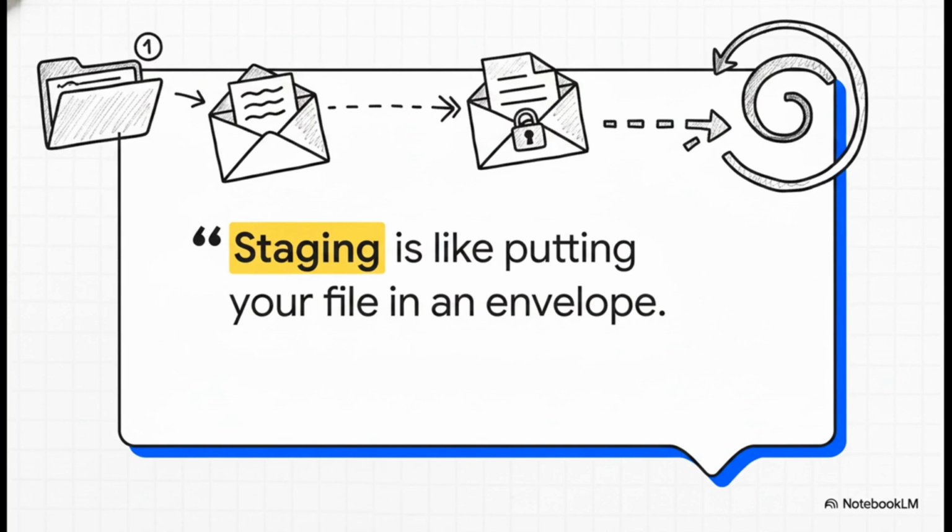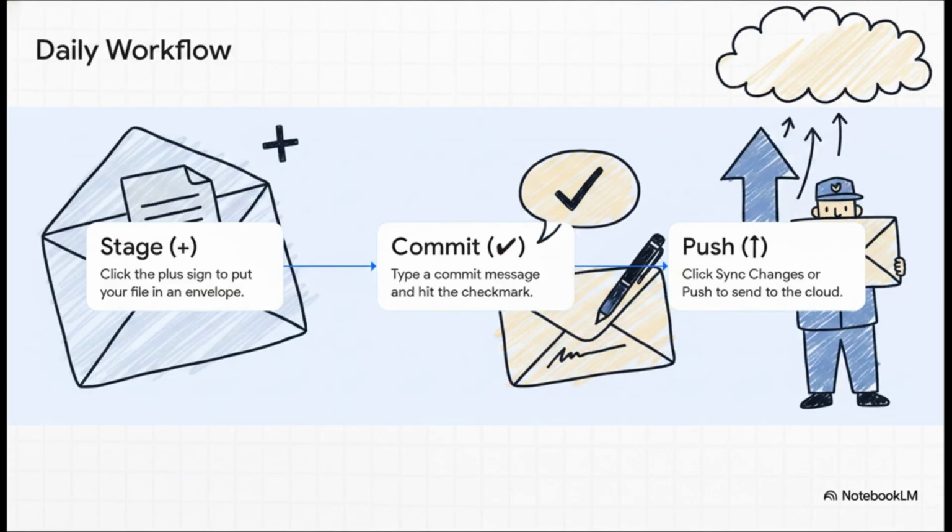Let's walk through that exact 3-step heartbeat together. First, hover over your changed file in the Source Control tab and click the little plus sign. That's staging, putting the file in the envelope. Second, type a brief message in the text box explaining exactly what you did and hit the check mark right above it.